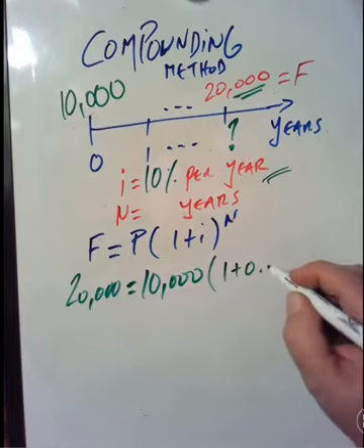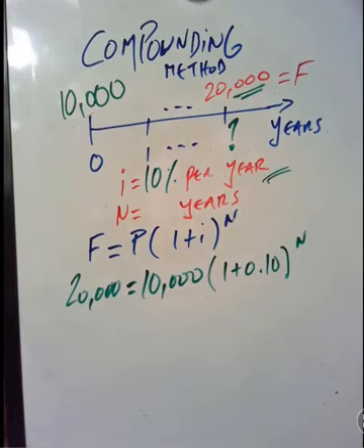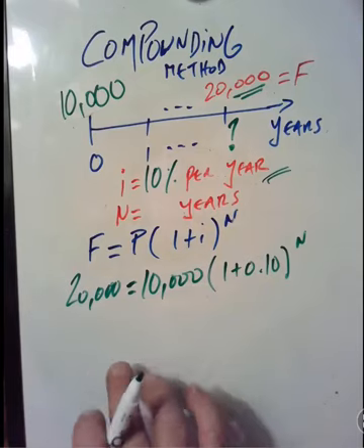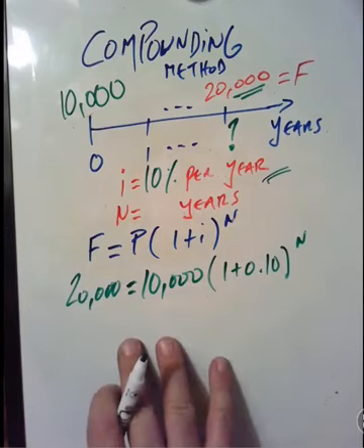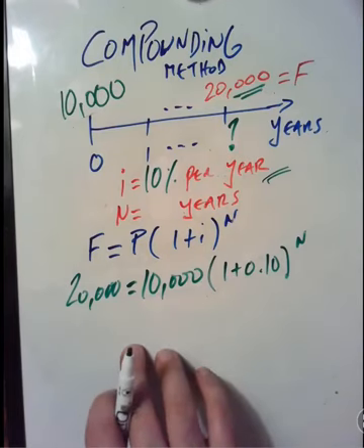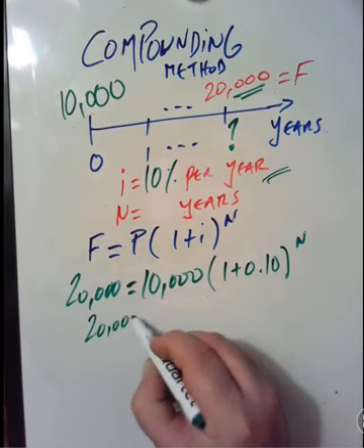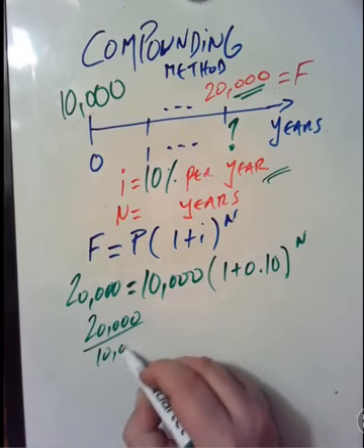Interest rate is 10%, and I'm looking for the n. Now I strongly suggest you use the solver in your machine, or MATLAB or whatever software you have, rather than solving it algebraically. But if you, this is not a math class, but if you want to do it, be my guest.